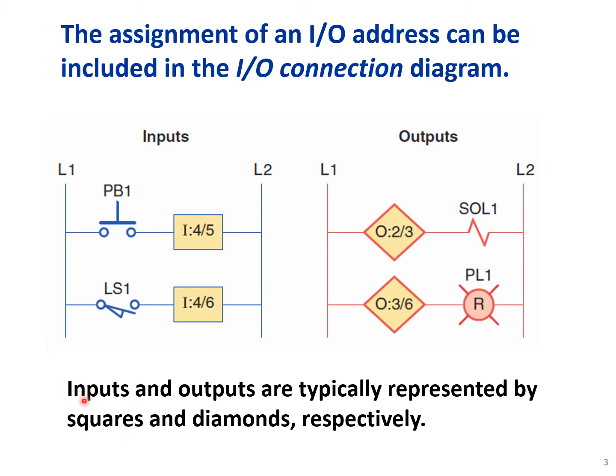Inputs and outputs are typically represented by squares and diamonds respectively. So here it shows that this push button 1 has an address of I45 in the memory, and this, let's say, pilot light has an address of O36.